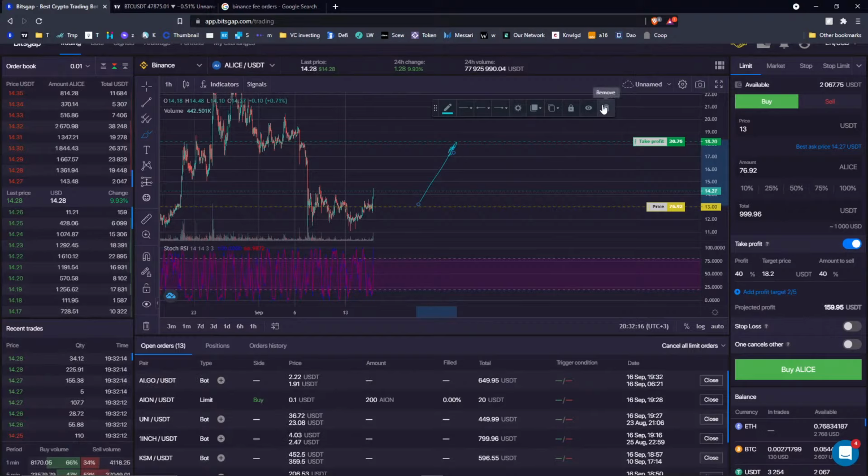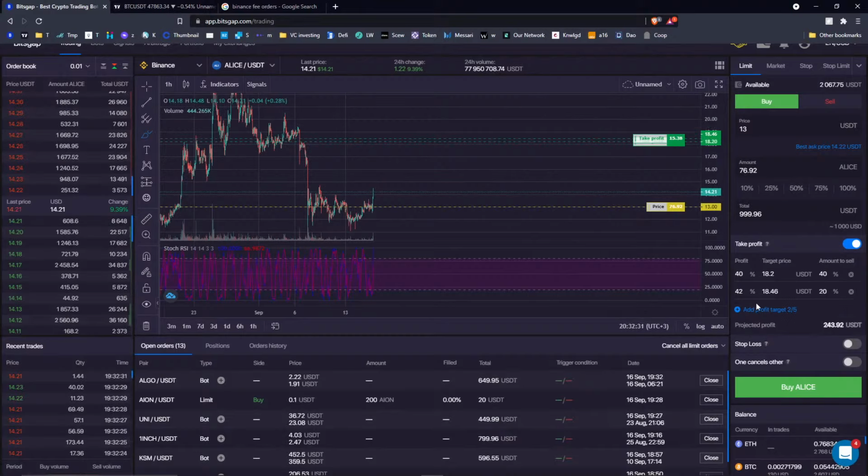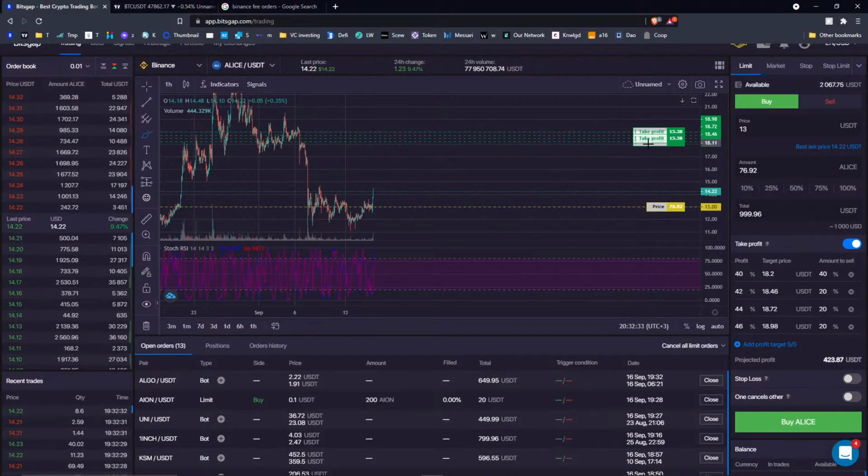So why would you risk that much? Because the chances that the price will reach 40% are slightly lower than if you set multiple take profits and spread your investment.